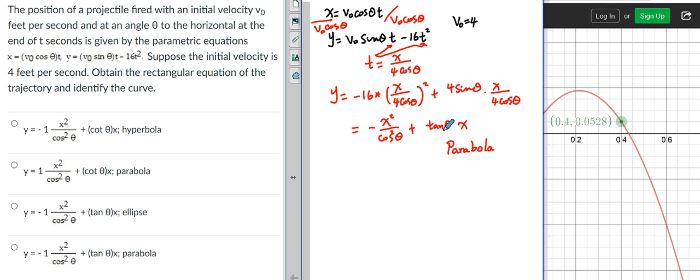So basically, this is the equation of a parabola. If we give theta different values, we'll get different coefficients. So then this one would be our choice.